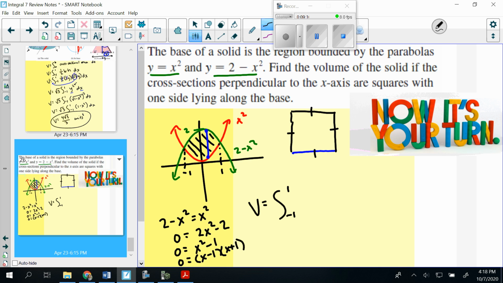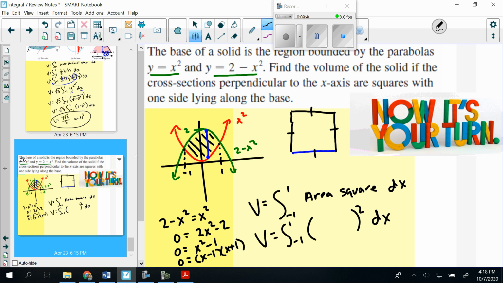And then what is the area of the cross section? Well, that would be the area of a square, dx. So how do you find the area of a square? It's just whatever one of those sides is, squared. So what we've got to find is the length of one of these times itself, which would be the area of a square.